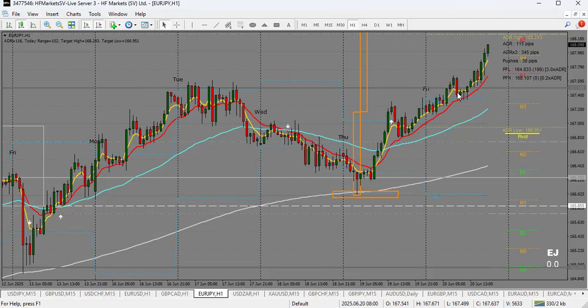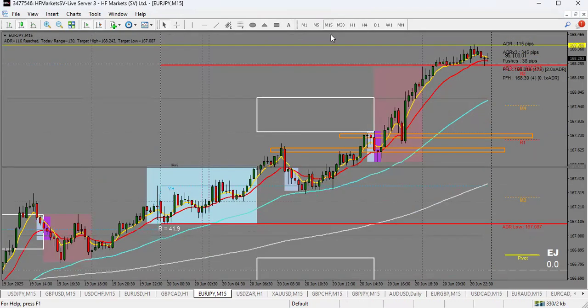And right now, price has already retraced to this level. So when we look at areas where price might retrace before going up, we have this area here, which is also the London session high.